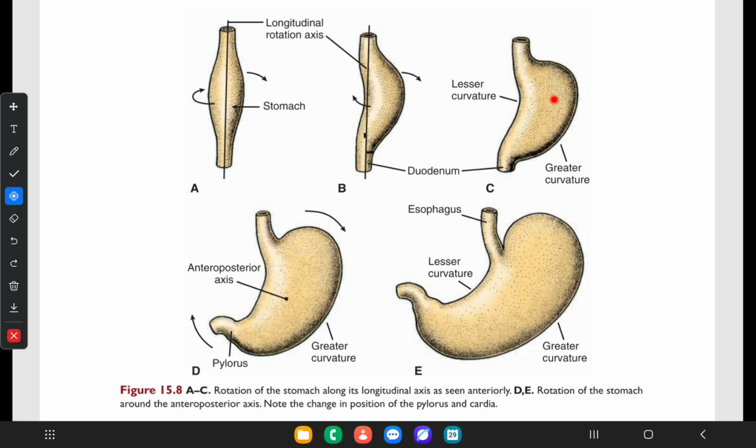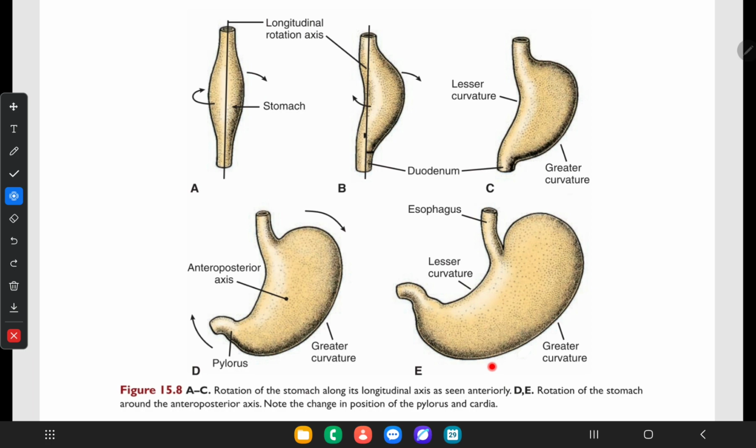Therefore, the caudal end or the pylorus moves to the right and a little bit upwards, and the cephalic portion moves slightly left and slightly downwards. And therefore, you can see the final position of the stomach here. So that is the development of the stomach.